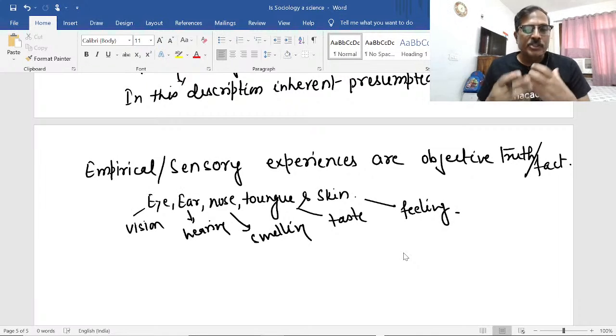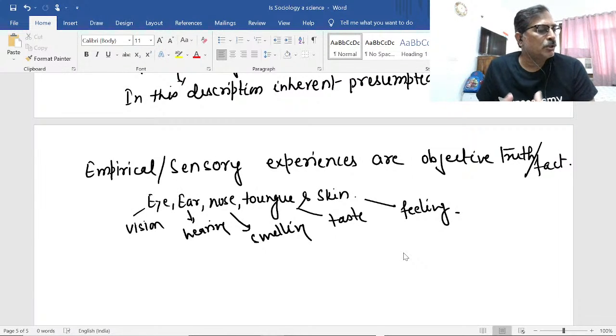What we see, what we listen to, what we smell, what we taste through the taste buds on the tongue, and the feeling of hot, cold, heavy, etc. through our skin. Such sensory experiences and observations should be the foundational stone for acquisition of knowledge. And naturally, we presume that what we experience through our senses is absolute truth, an objective truth.